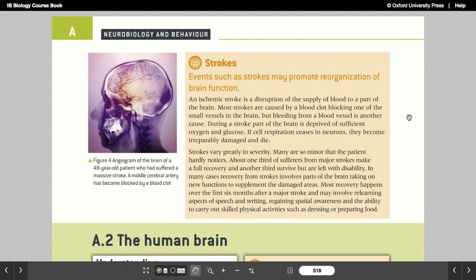Your brain uses about 25% of your oxygen and glucose, so it's a pretty small organ, only one organ using up a quarter of all that energy and oxygen. So when it doesn't get all that energy and oxygen, the situation is going to get serious pretty quickly. And like I said, the younger you are, the better you would recover from stroke.